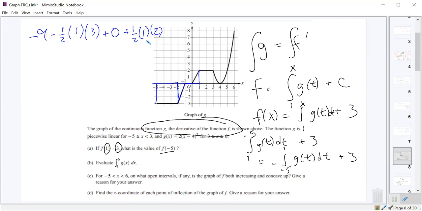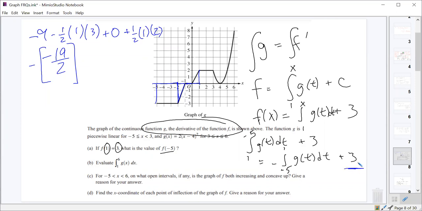Everybody good with that? So that's the integral from negative 5 to 1. So that's negative 9 minus 3/2 plus 1. So what is that? Negative 19/2. Did I do that arithmetic right? I hope. And then we'll note that we had a negative out in front of all of that.